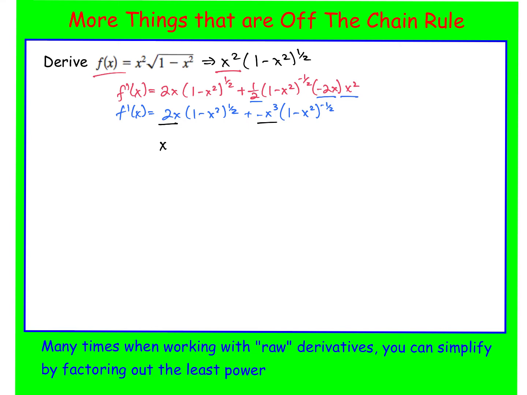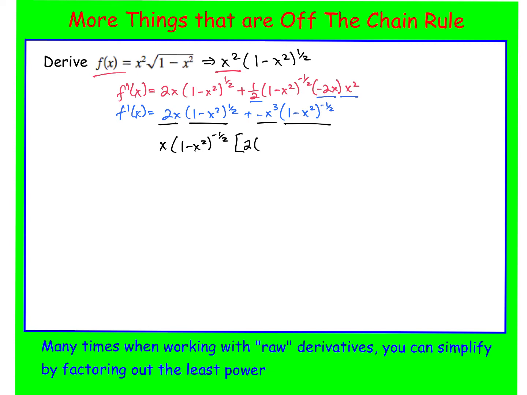All right. And then I'm looking at this 1 minus x squared to the 1/2 and 1 minus x squared to the negative 1/2. So we factor out the least power. So I factor out 1 minus x squared to the negative 1/2. Now I got to see what we're left with. So I took out an x from a 2x, so I'm left with 2.